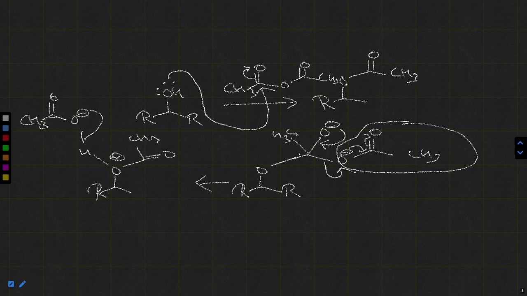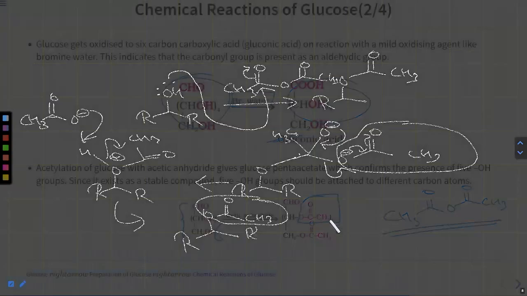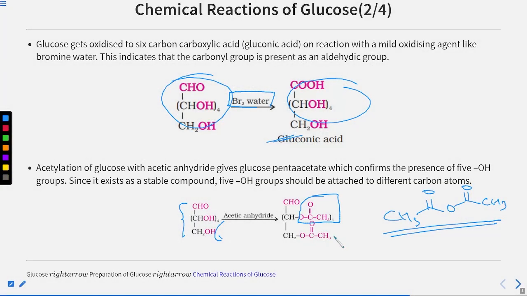It will take up this proton and we will finally get O, CH3, R. So this was the group that we are seeing here, OCOCH3, OCOCH3. So this is a nucleophilic substitution.